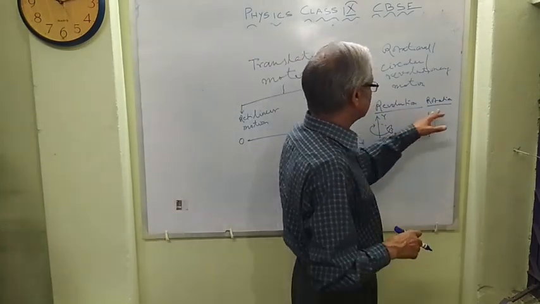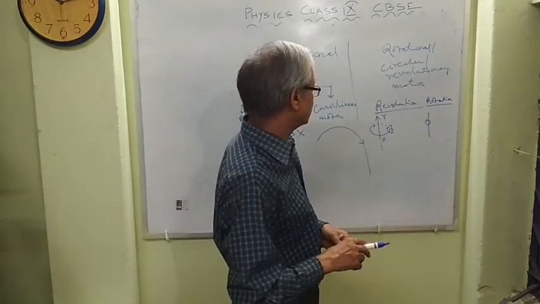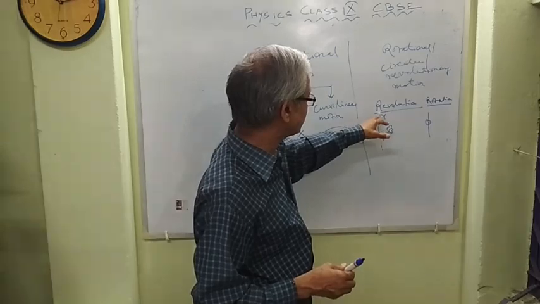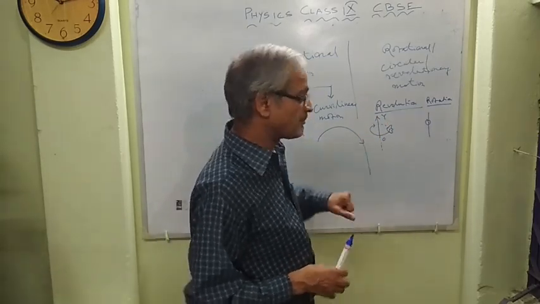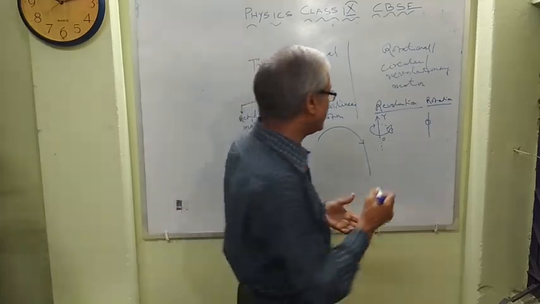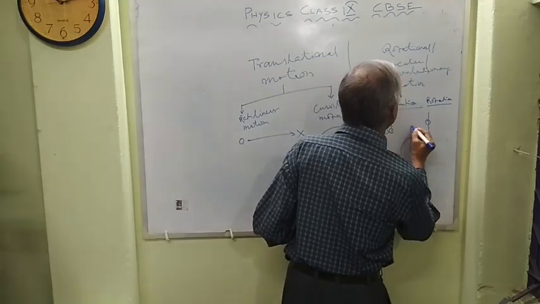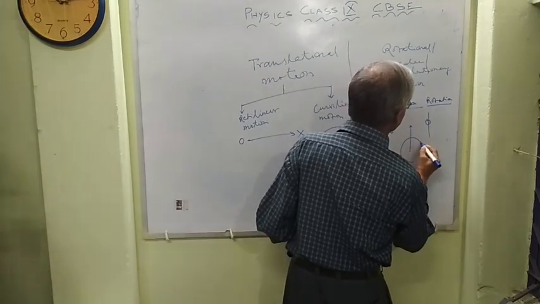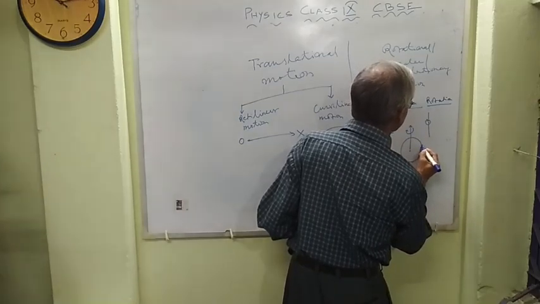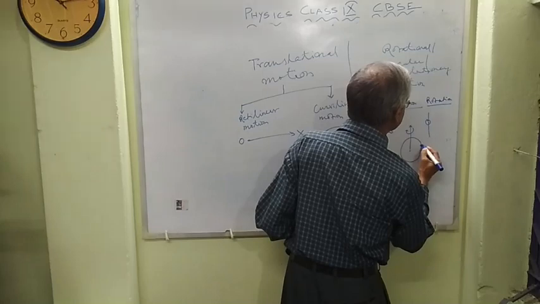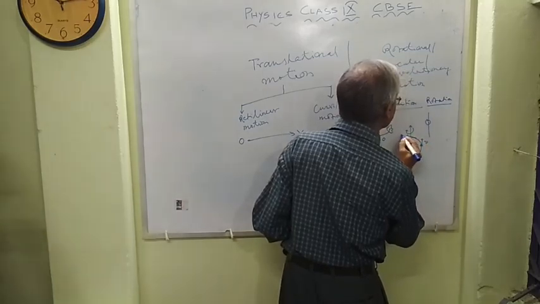Now, in the case of rotational or revolutionary motion, if the body moves along a circular path with uniform speed v, around this axis of rotation, at any point its speed will be the same.